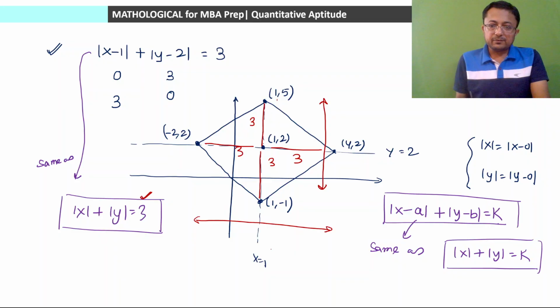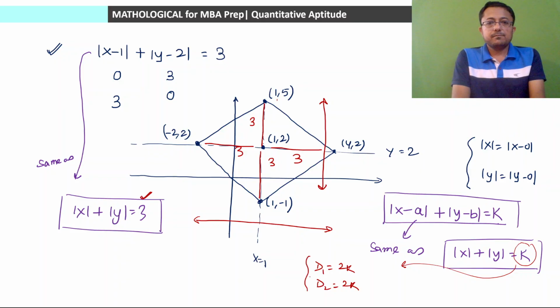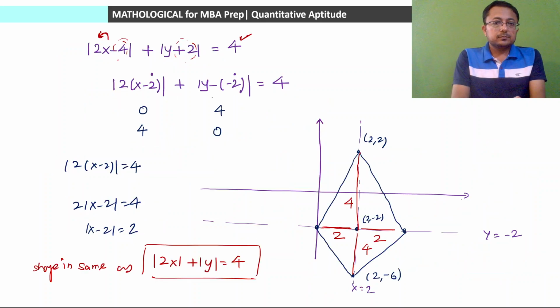Or in general, if mod of x plus mod of y is equal to k, then the length of diagonal d1 will be equal to 2k and the length of diagonal d2 will also be equal to 2k. Isn't it so? Same in this scenario.